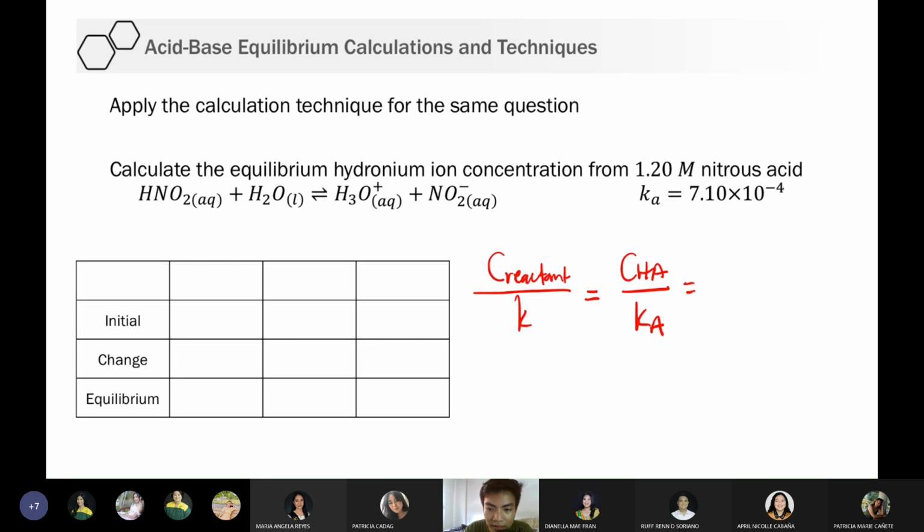Let's see if the ratio is greater than 1,000. We have 1.2 for the numerator, and for the Ka, we have 7.1 times 10 raised to negative 4. So what is the reason for Ca and Ka?